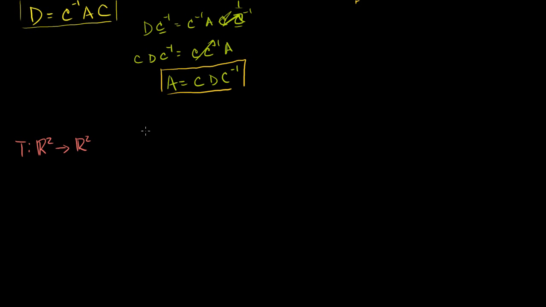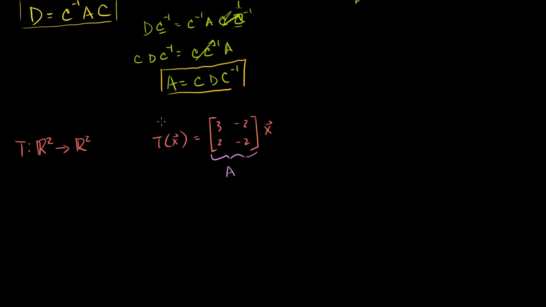And let's say that the transformation matrix for T, so let's say that T of x in standard coordinates is equal to the matrix 3, 2, minus 2, minus 2 times x. So this is, in the example we just said, our transformation matrix with respect to the standard basis. And we could call that A right there.